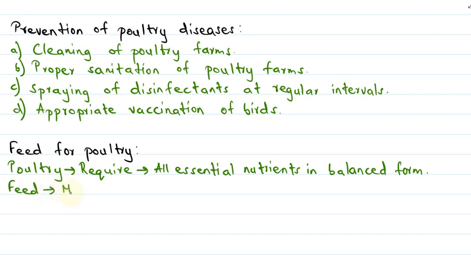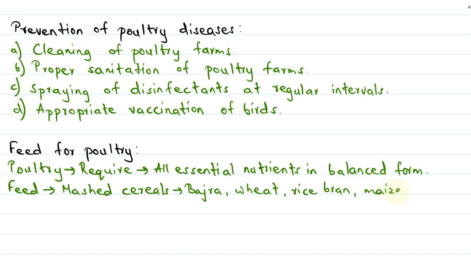It includes mashed cereals like bajra, wheat, rice bran, maize, then groundnut cake.